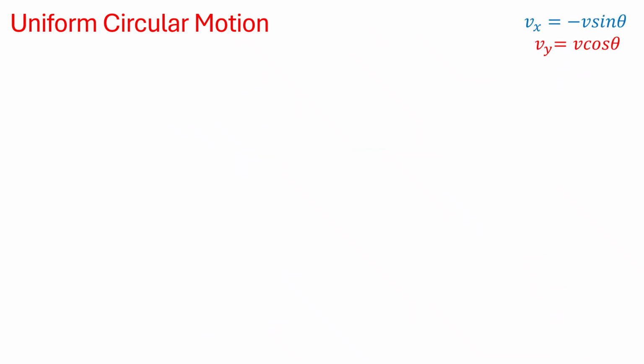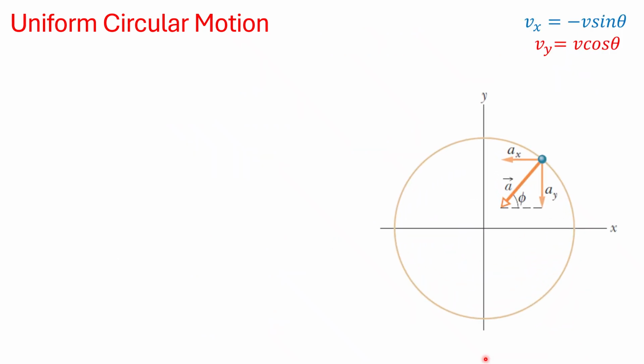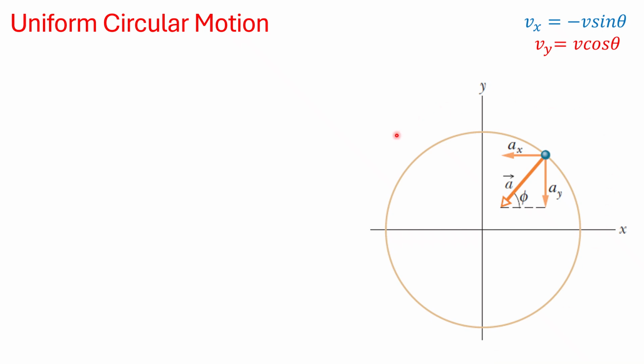My whole objective is to make out acceleration, and this is my diagram for acceleration. Our last equation was a bar equal to minus v upon r vy i cap plus v upon r vx j cap, where vx and vy we already know.